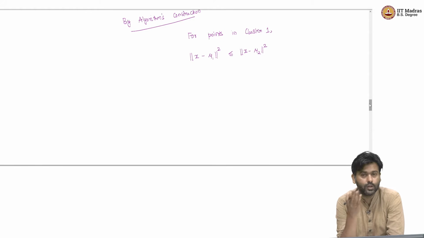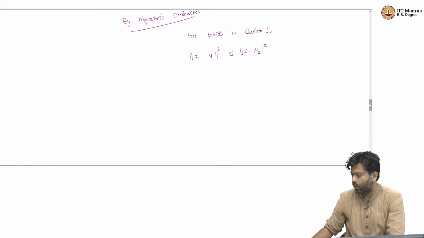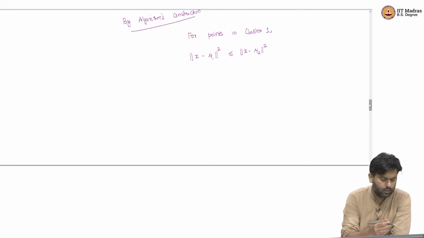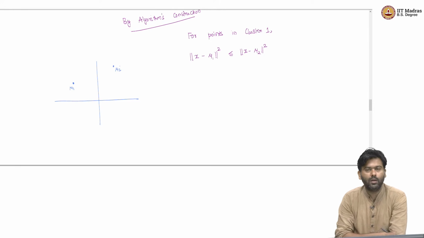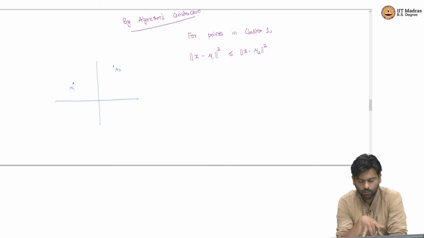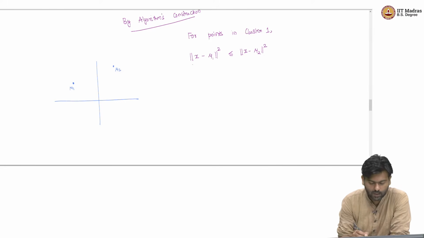Its distance squared to mu1 should be at most the distance squared to mu2. Now, how do we understand this? We can think of this as mu1, this as mu2. Let us say I just give you mu1 and mu2 and I ask where could these clusters be. Points assigned to cluster 1 satisfy this equation, but what is this equation? Let us unravel it a little bit.